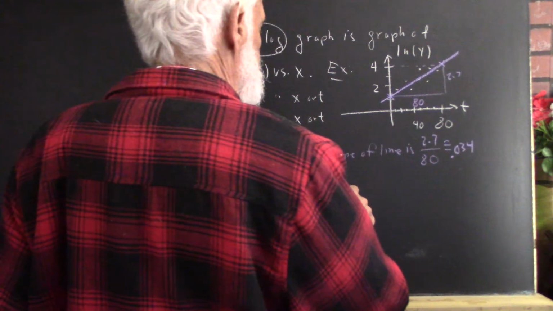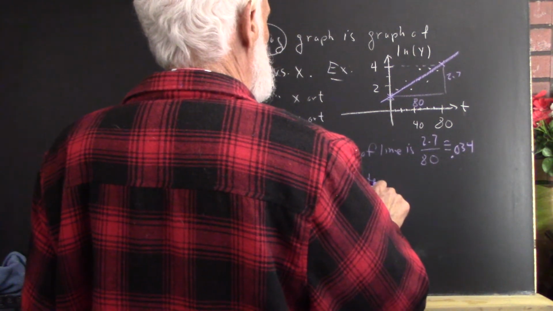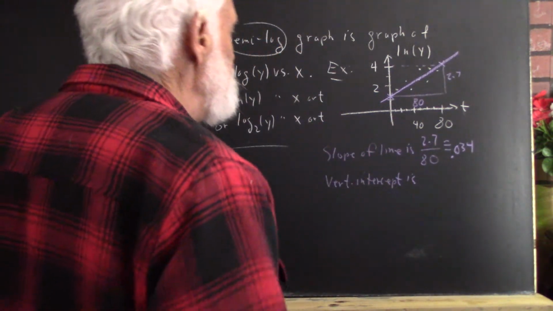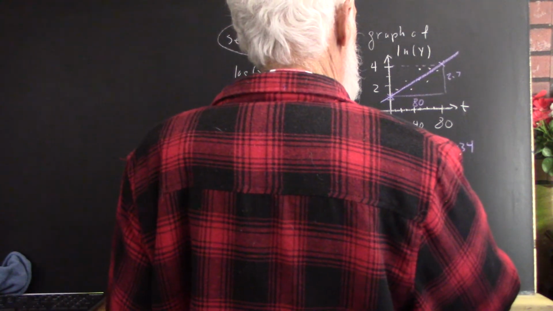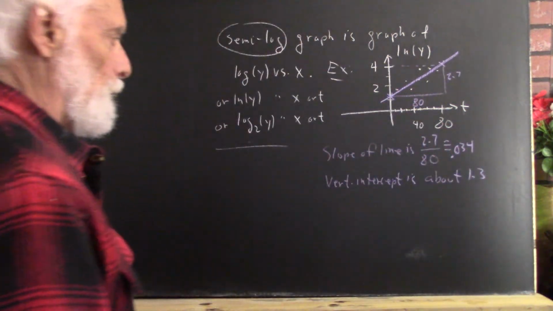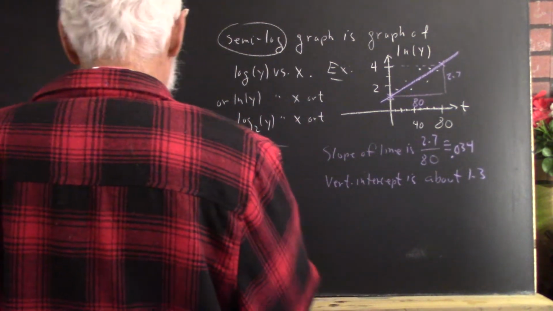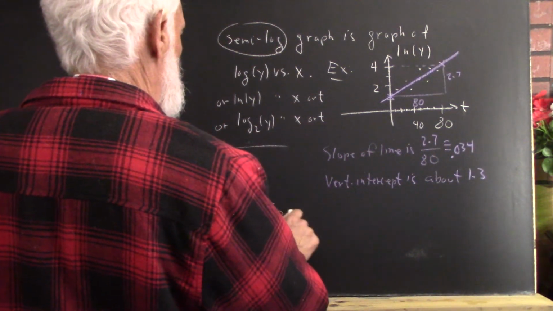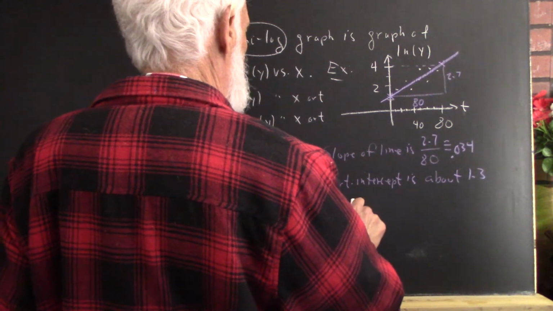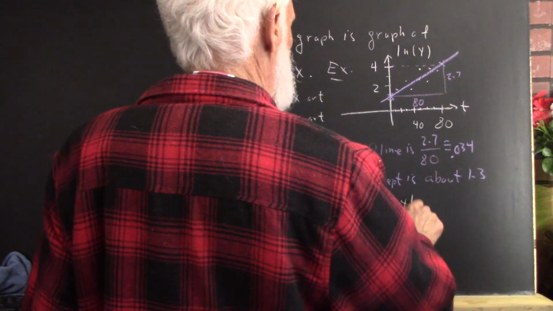The vertical intercept is about 1.3. So, natural log of y is approximately 1.3 plus 0.034t.